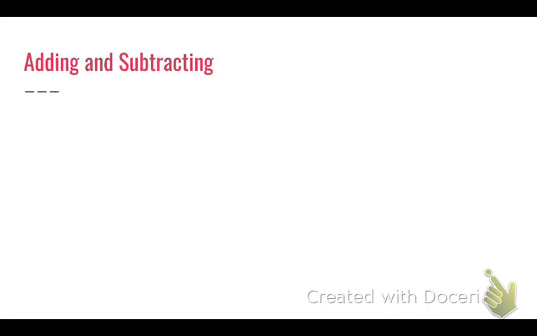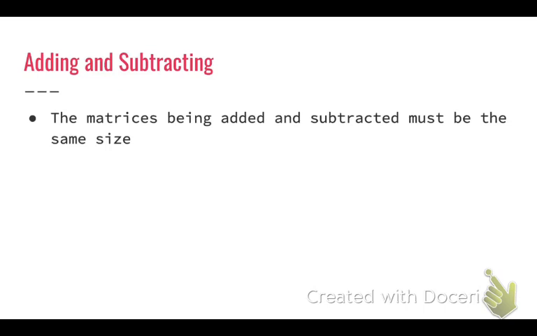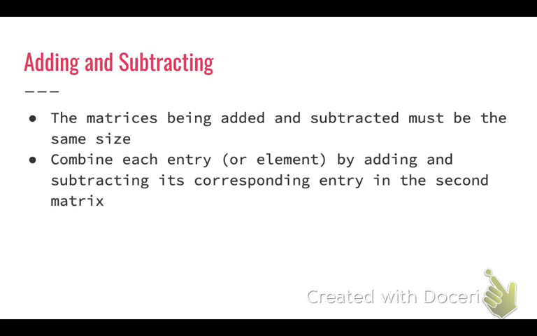Because when we look at adding and subtracting two matrices together, they do have to be the same size so that I can combine each entry or element to the corresponding entry or element in the second matrix.